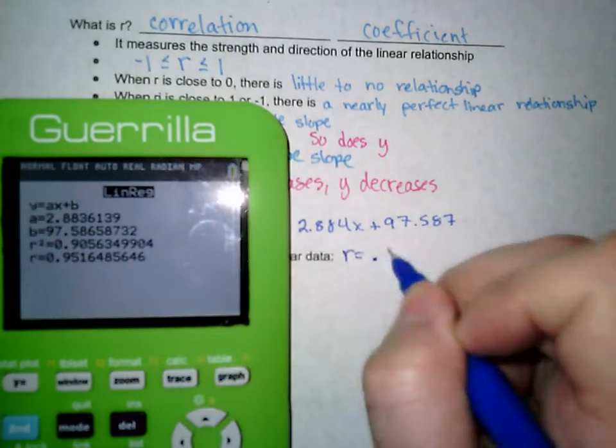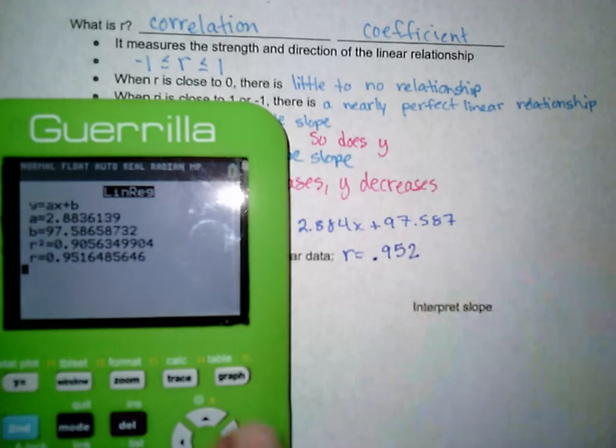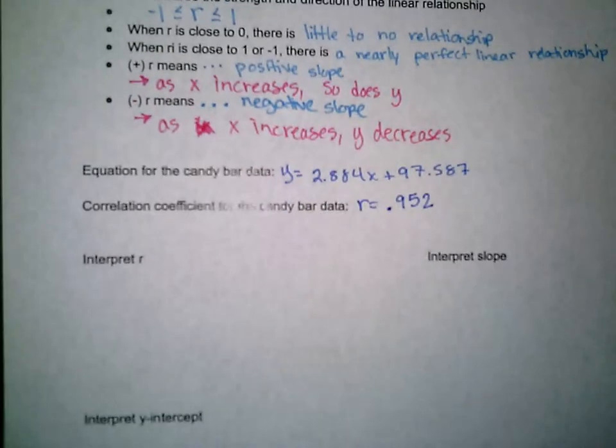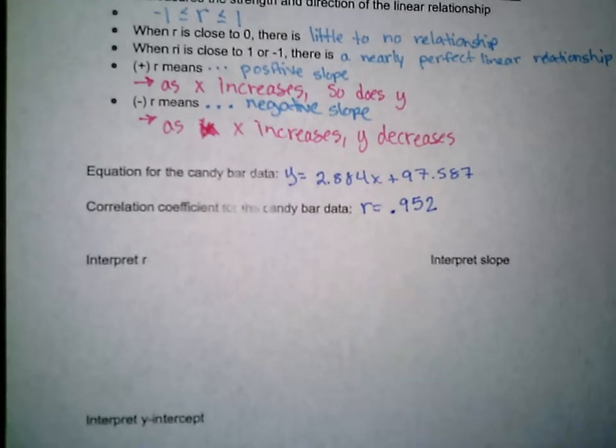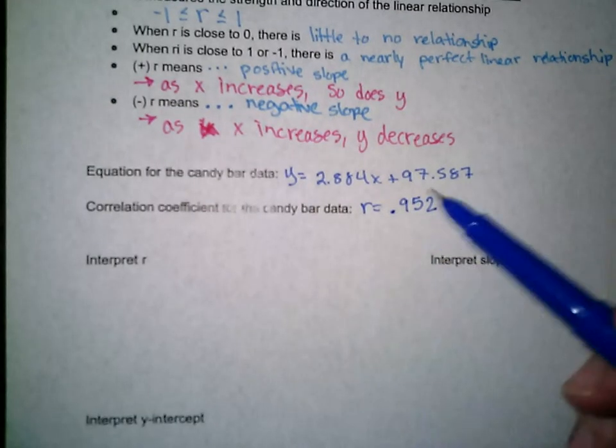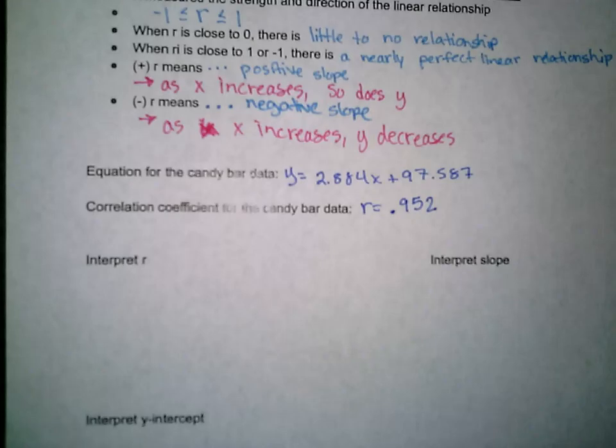So r equals 0.952. We'll see this more in stats next semester, but basically that tells you that 95% of the data is accounted for by the model.